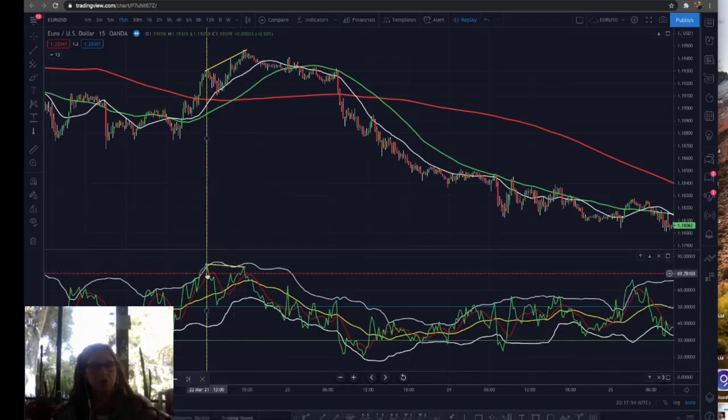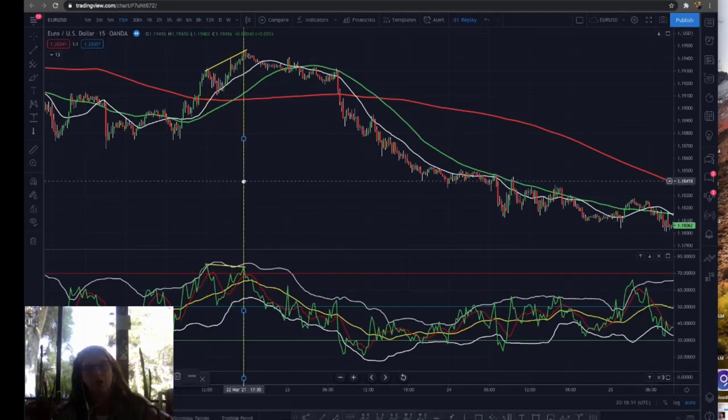So your entry on this trade is here, not here. You want to enter on the divergence. So I'm going to move our little marker over, and this is our entry. Now I've had a lot of questions about stop loss. When you enter a trade, your stop loss is based on your risk to reward.